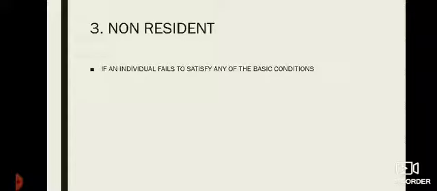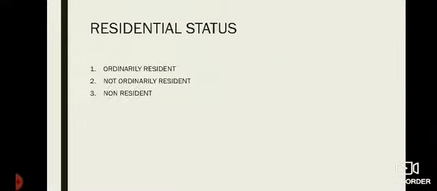Therefore, we need not check the additional conditions if the person has failed to fulfill the basic condition itself. So, the residential status of a person can be either ordinarily resident, not ordinarily resident, or non-resident. This is in case of individual.